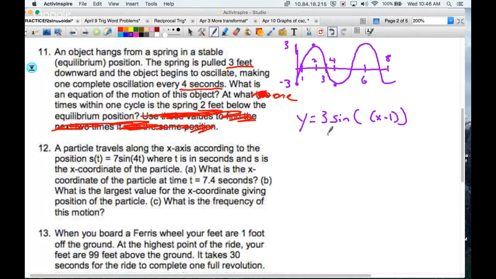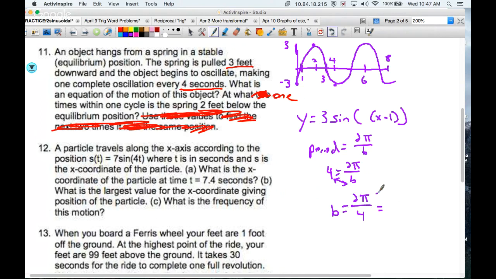So last thing is my b value. I know that the period is equal to 2 pi divided by b. I know the period of this function is 4 seconds. So 4 equals 2 pi over b. In equations like this, I can swap those there to get b equals 2 pi over 4.